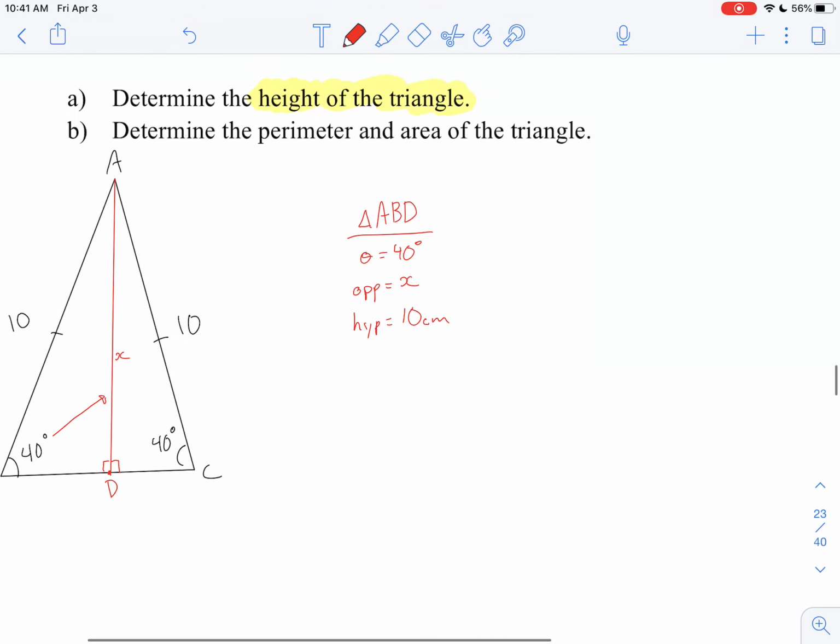And so we have two of the three pieces of the puzzle. We've got two side lengths and one angle, and we're missing that x, so we can pick and choose what trig ratio to solve for this. What trig ratio uses O and H? So I'm going to use sine theta is equal to opposite over hypotenuse.